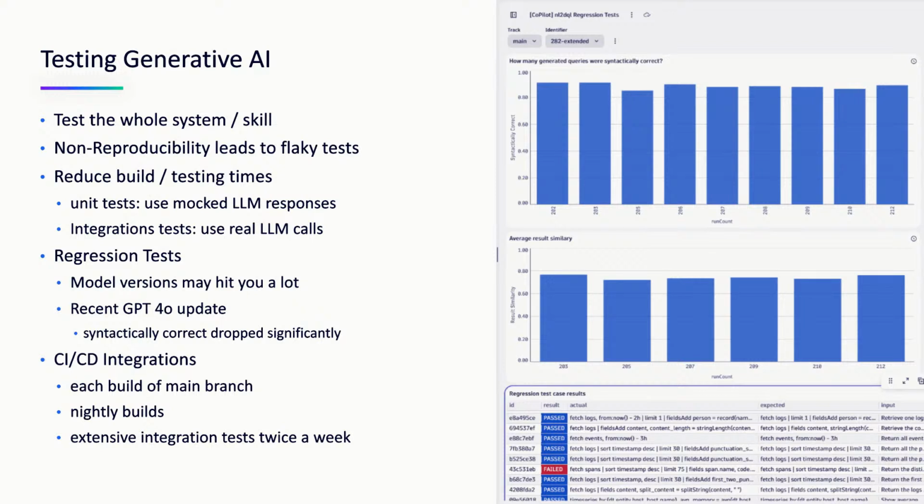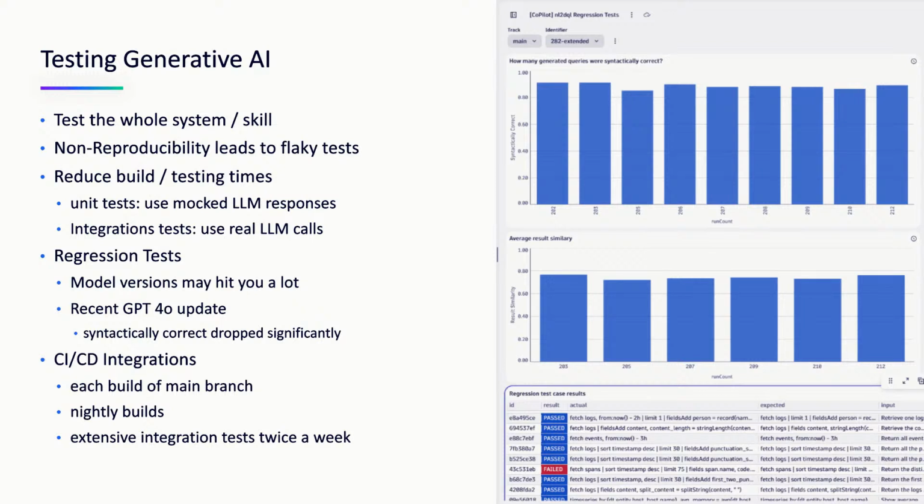Then they want to use their GPUs for the latest and greatest and newest model, and they want to get rid of the old one. And whenever you do that, you may be surprised how differently the system reacts if you update, for example, from a GPT-4o November version to the May version or something like that. And each of those regression test results then needs to be investigated.